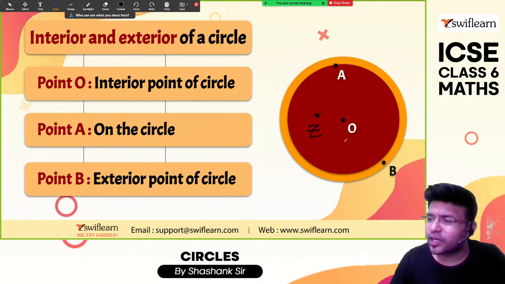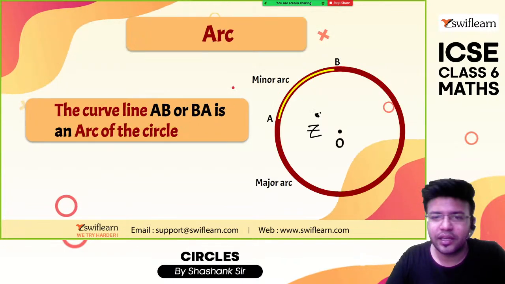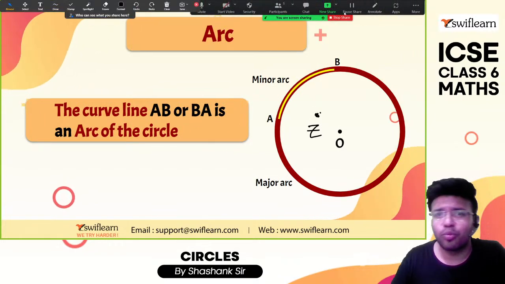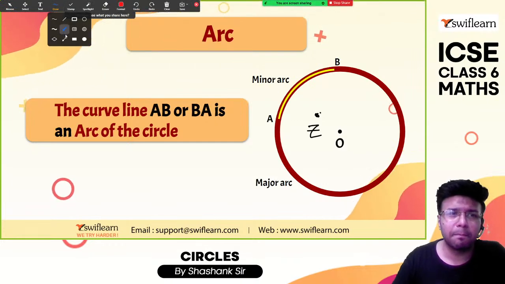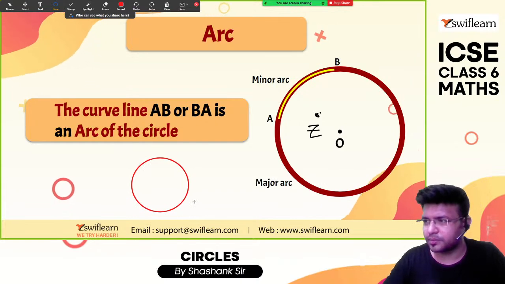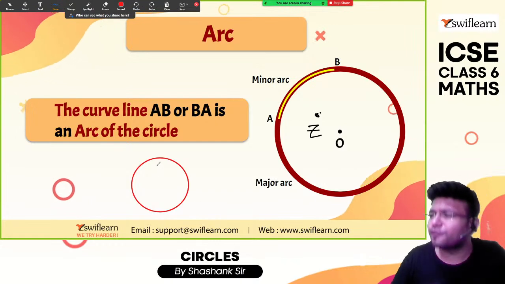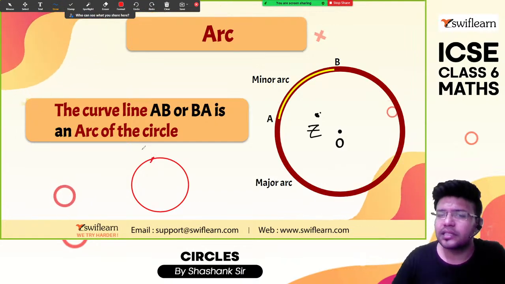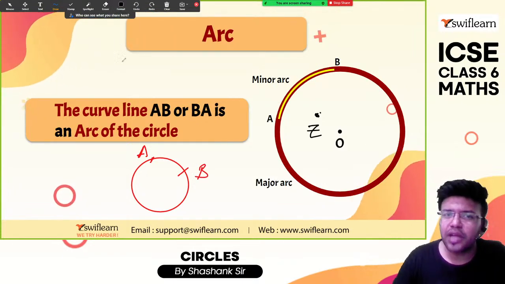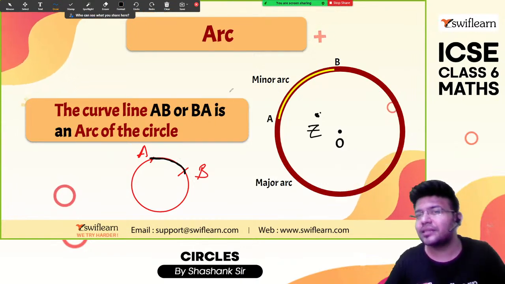So what is the meaning of arc? Antarikt is asking. Look, you know what the circumference or boundary line of a circle is? This is a circle. Now, you take a portion of the circle. Let's say this point is A, and this point is B. Any portion of the circle is known as an arc.